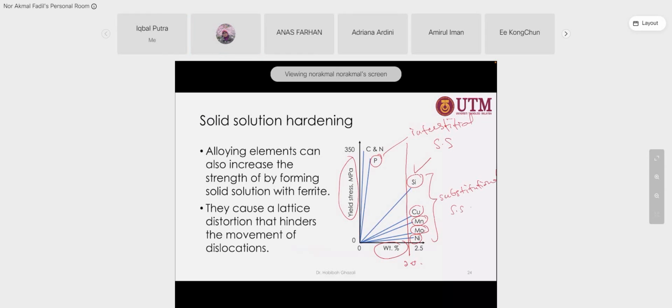So you can see that phosphorus, carbon, and nitrogen have a very low weight percentage, in fact 0 point something only, 0.5, something like that. Why? Because it is in weight percentage. These are very light elements. By adding up to 0.5, you can see a very significant improvement in terms of the properties.